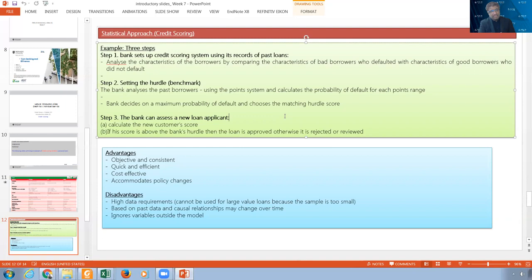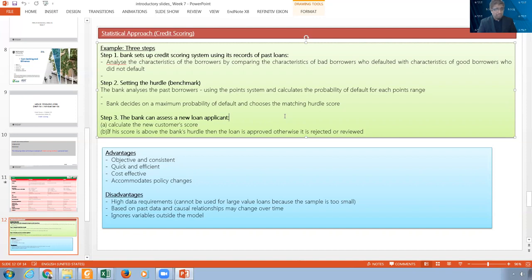So if somebody else comes and says, I want a loan, and his score is like the people who actually have defaulted before, that means probably he will default. Of course, then you will have your tolerance for how much credit risk you can take, maybe 1%, 2%. Maybe you play with that number and see how you can set what we call the benchmark.